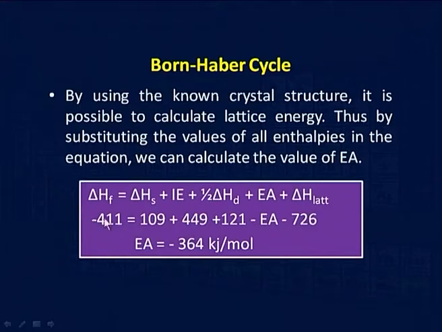Now, in this equation, delta H_f is the heat of formation of a sodium chloride crystal from atomic sodium and chlorine atom. This heat of formation of sodium chloride is equal to the heat of sublimation of sodium, then the ionization energy of the gaseous sodium atom, then the heat of dissociation of the chlorine molecule into chlorine atoms, then the electron affinity, and finally, when the anion and cation unite to give 1 mole of sodium chloride, the lattice energy.